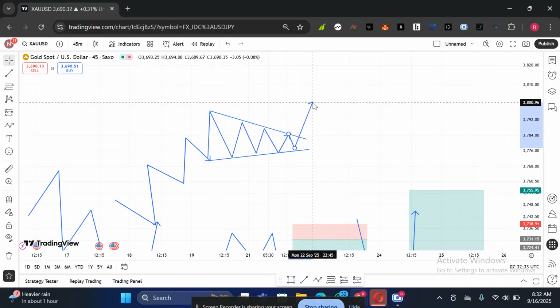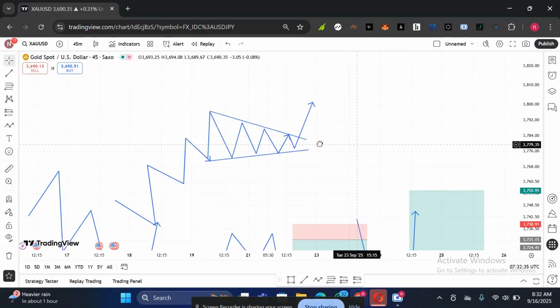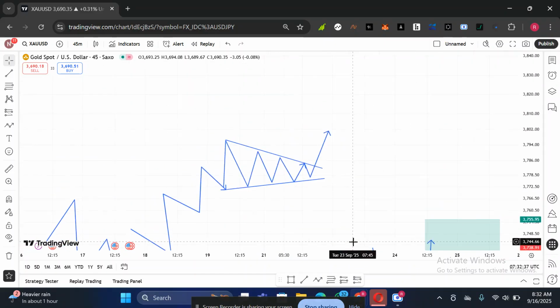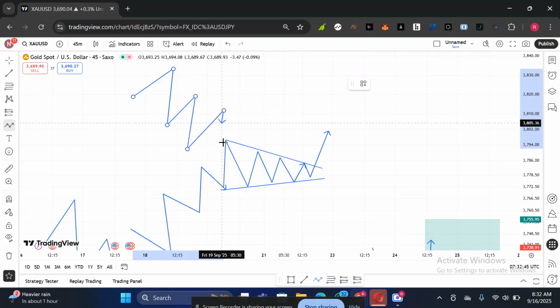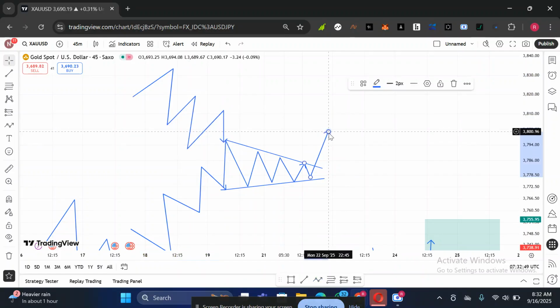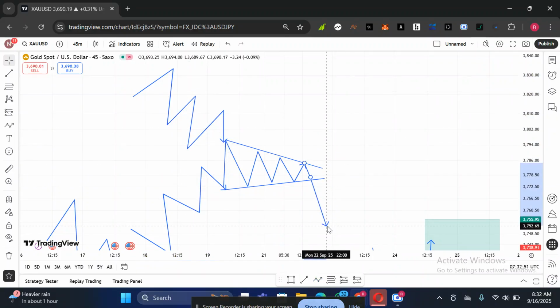And if the market is clearly bearish, pulling down like this and gives us this formation here, then we can easily expect the market to continue to the downside.